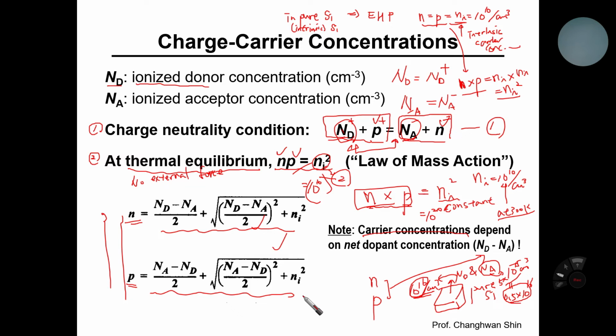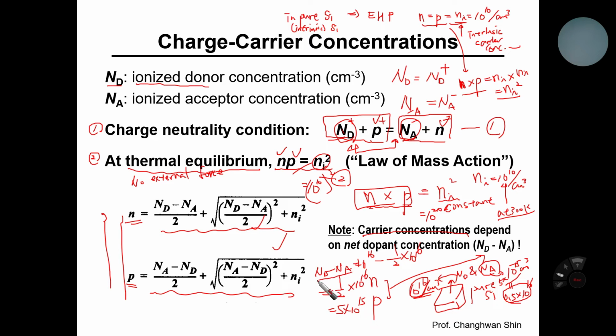So effectively, ND minus NA is equal to 10 to the 16 minus 1 half times 10 to the 16. Therefore, 1 half times 10 to the 16, which is 5 times 10 to the 15.